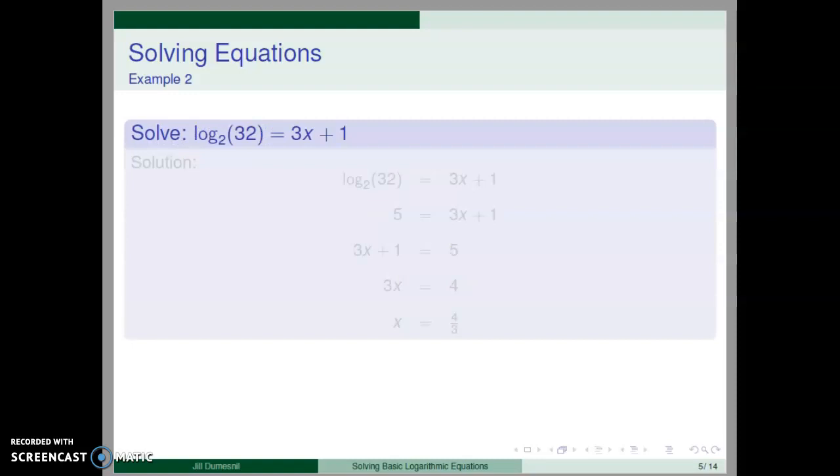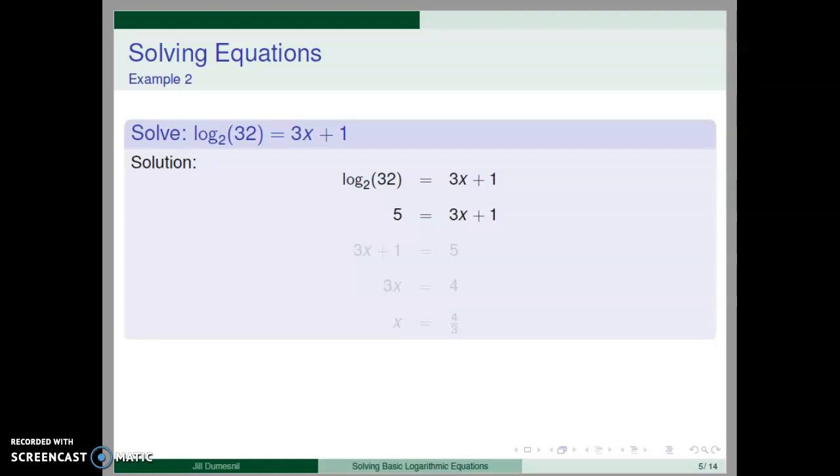For our second example, let's solve the logarithmic equation log base 2 of 32 equals 3x plus 1. We start with the given logarithmic equation and notice there are multiple ways to proceed. One way is to evaluate log base 2 of 32. Recall that log base 2 of 32 is the exponent to which we raise 2 in order to obtain 32.